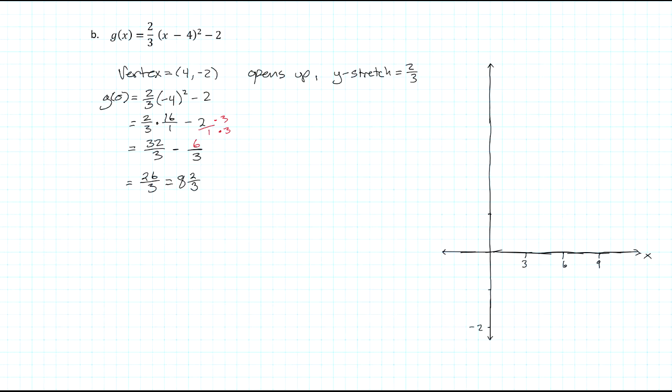So, 2, 3, 4. Maybe that's too ambitious to try and go by thirds there, because I would need 26 thirds total to get to that y-intercept. All right, let's do that. This is 2, 4, 6, and 8. That'll be okay.